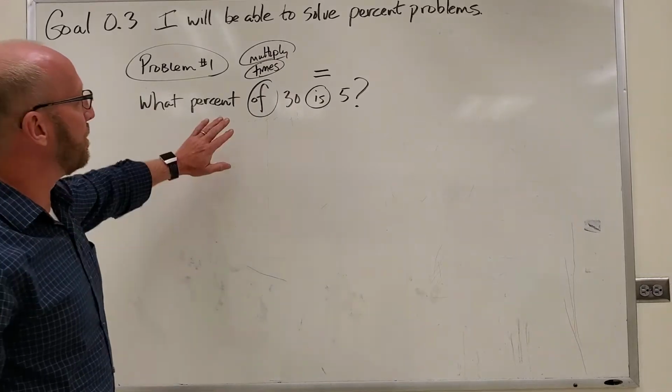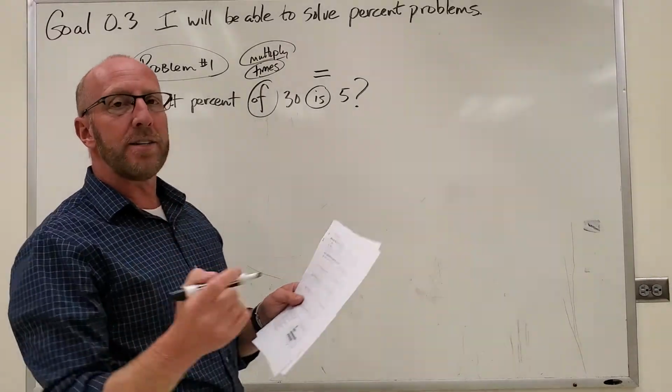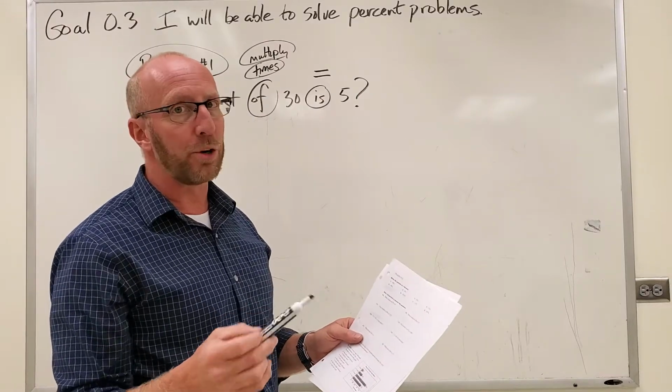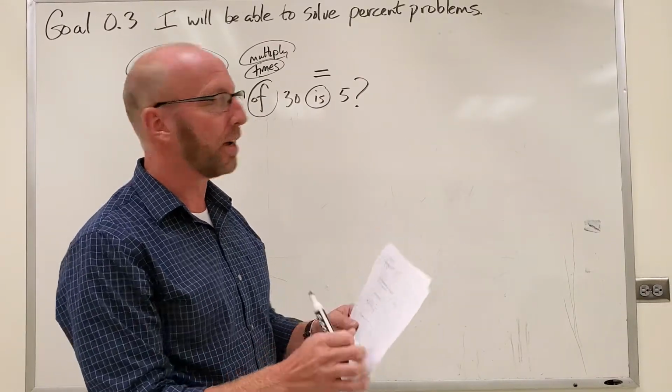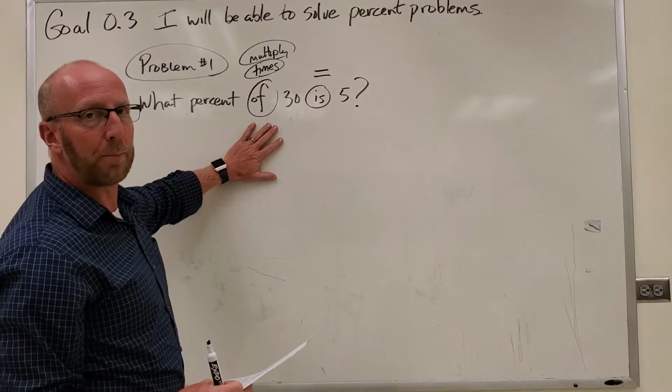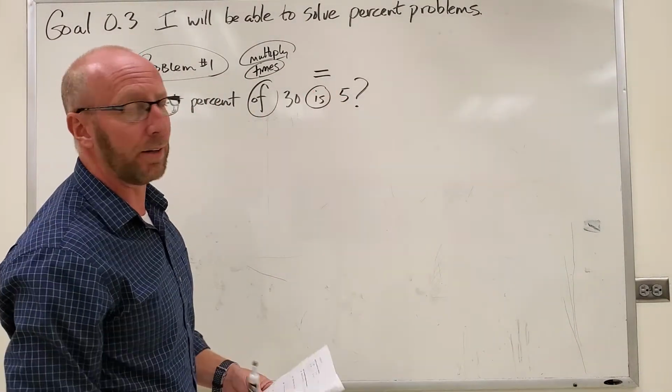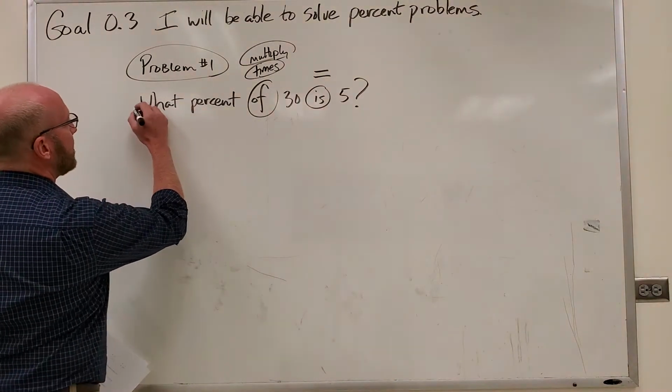So now what I'm going to do is I'm going to rewrite this. Now the directions on your homework says use a proportion. We're not using a proportion. You can cross that out on the homework. I'd like you to solve each of the problems this way. We're going to rewrite it with a decimal. So what percent?